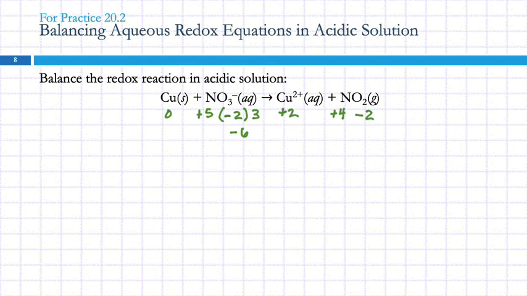So we're going to split this into 2 half reactions. I'll put the copper on the top and the nitrate in the second equation. And so which of these products should I put here? The copper 2+, right?